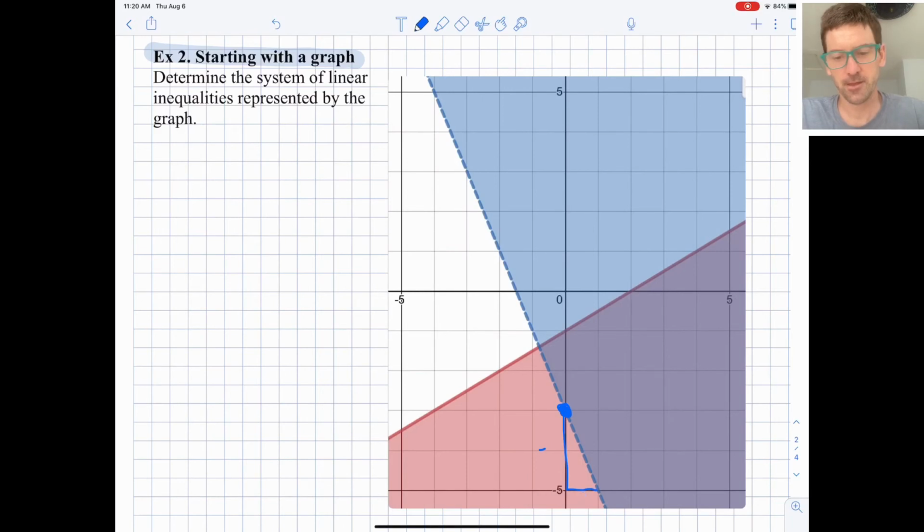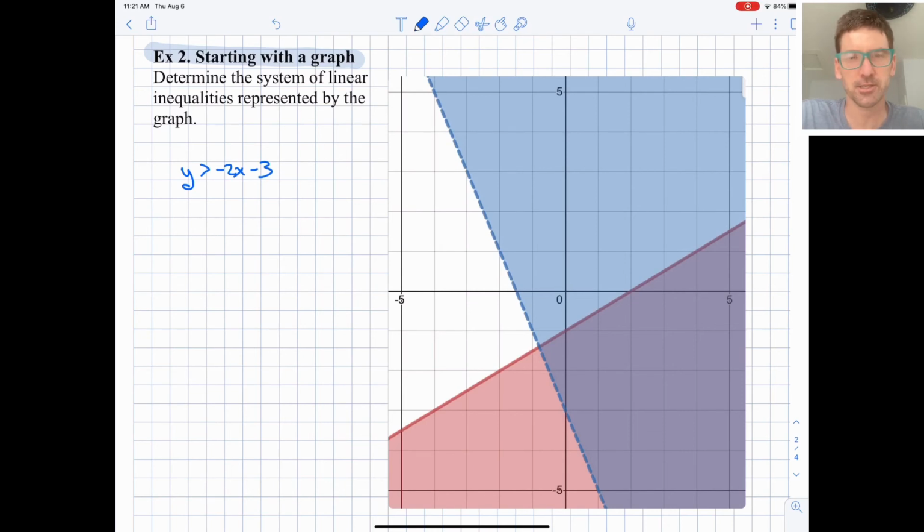So we have y, and I think it's going to be greater than, but I'm going to check, negative 2x minus 3.